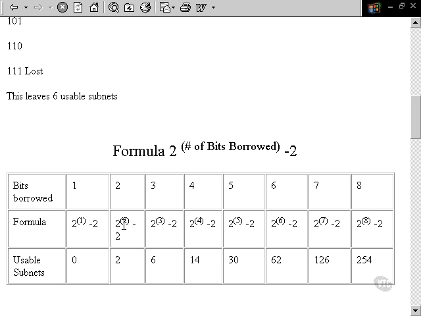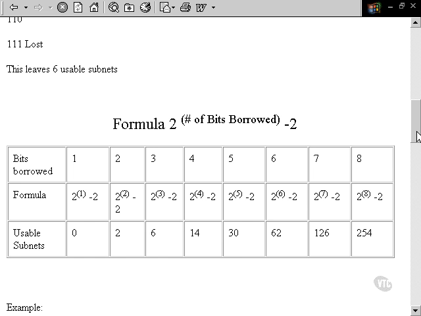Basically, 2 raised to the 2 means 2 times 2, so 2 times 2 equals 4, minus 2 brings us 2. 2 raised to the 3 is the equivalent of 2 times 2 times 2. 2 times 2 is 4, then 4 times 2 is 8, so 8 minus 2 is 6. 2 raised to the 4th would be 2 times 2 times 2 times 2. 2 times 2 is 4, 2 times 4 is 8, 2 times 8 is 16. So 16 minus 2 is 14.